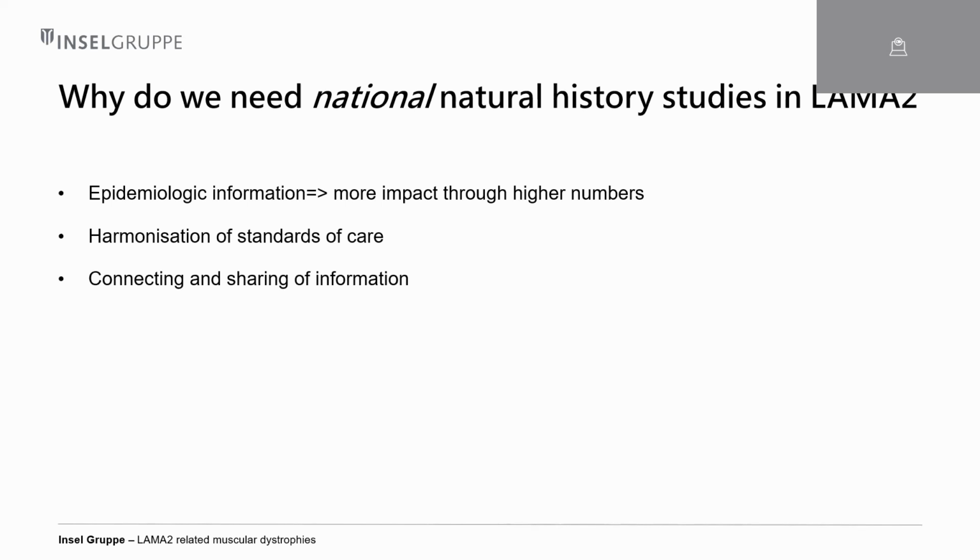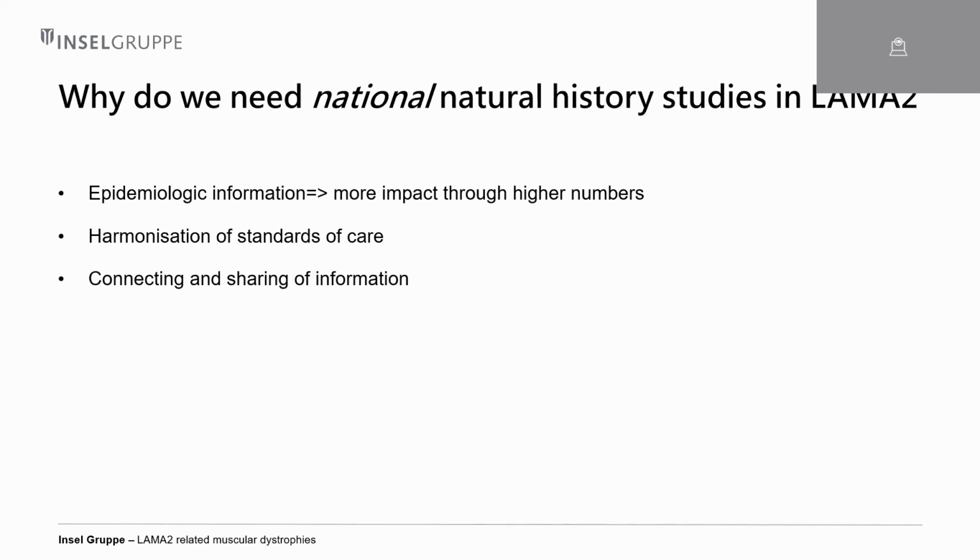Now, why do we need national natural history studies? I think it is important to combine all the national studies, but it's also important to have national registries or national studies so that we get information on the epidemiology. Maybe there are regional differences, some founder mutations, some special phenotypes that are more prevalent in one region than in another.